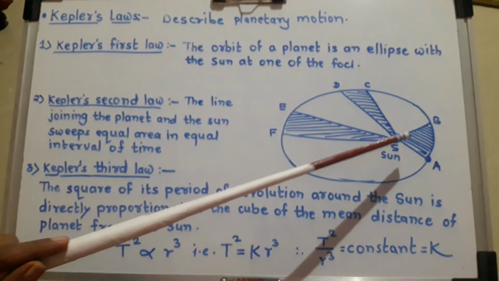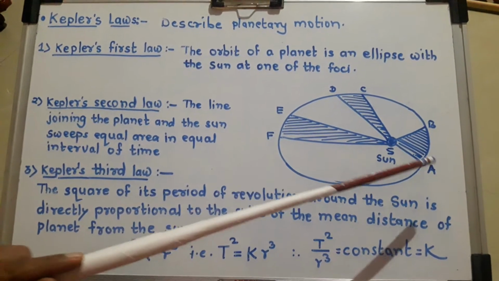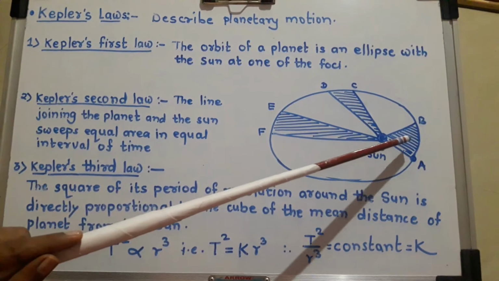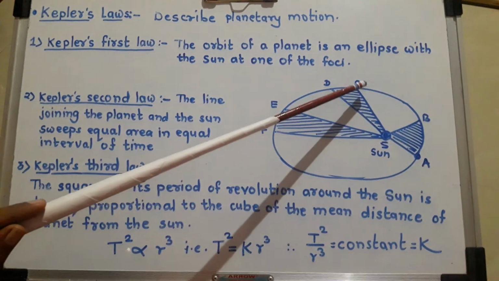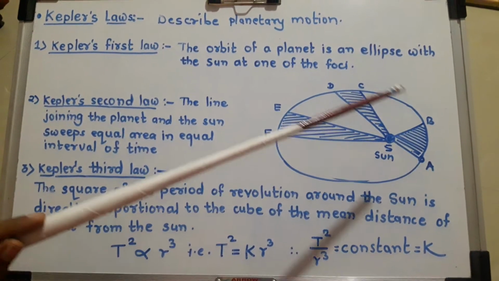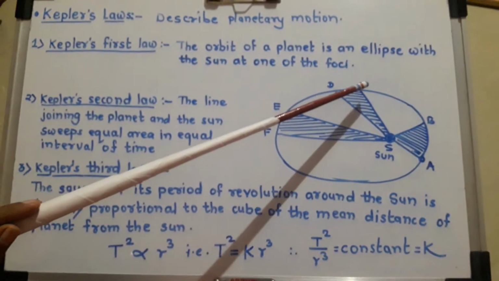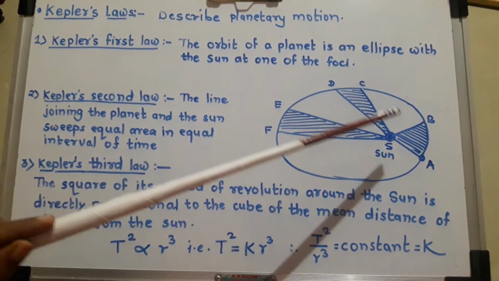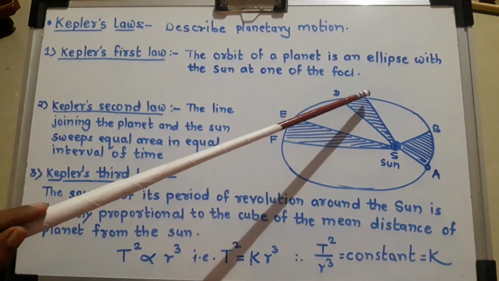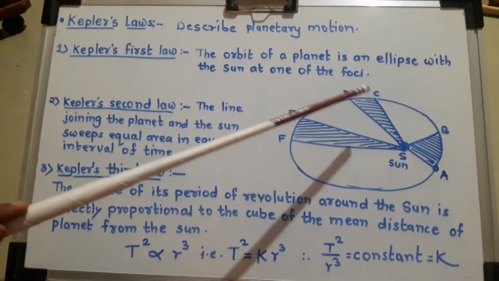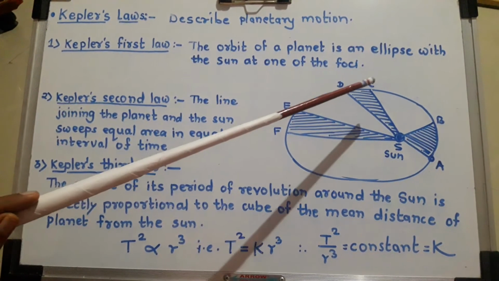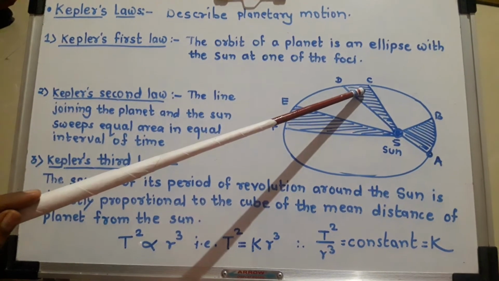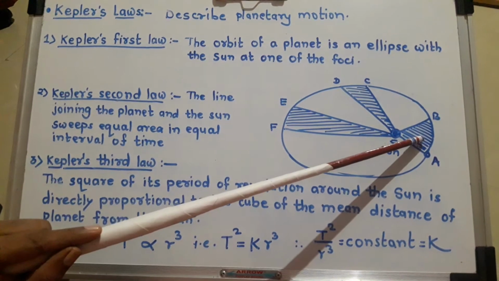The area of the region SAB is shown here by the shaded portion. And suppose instead of A the planet is at position C, and in the same equal interval of time, if it moves from C to D, then this line CS sweeps an area which is equal to this area.